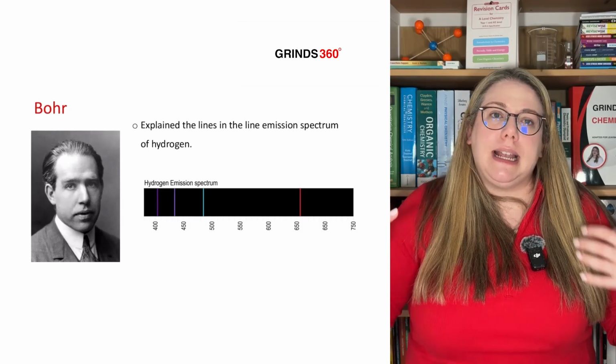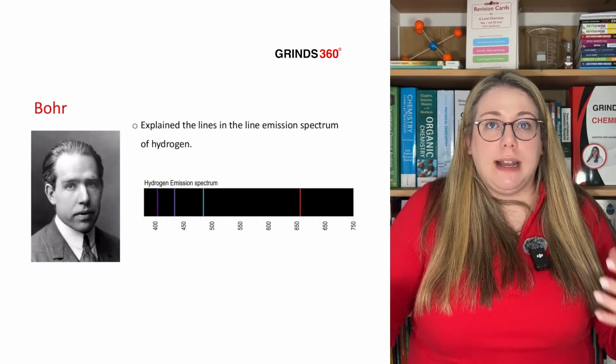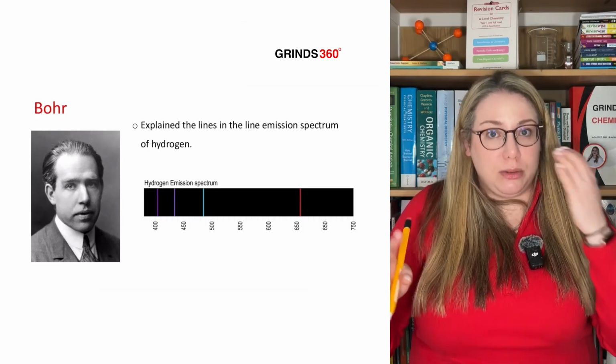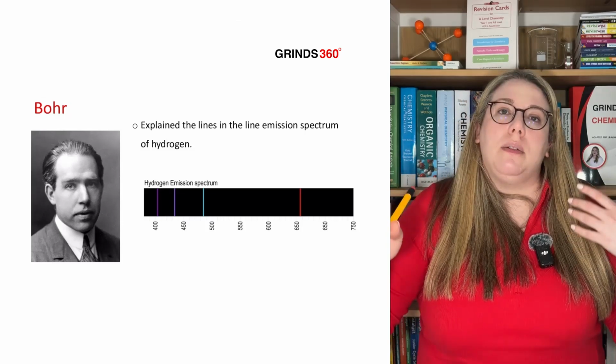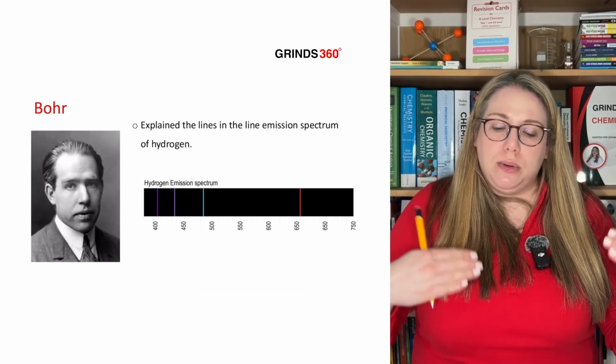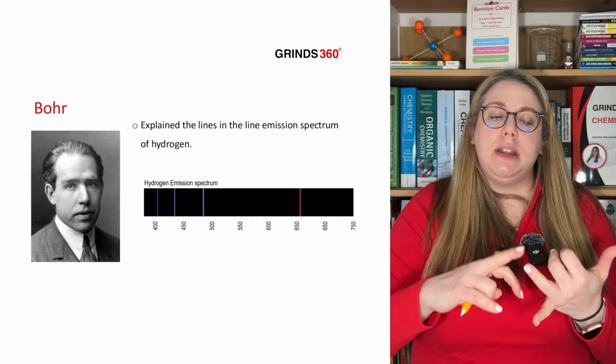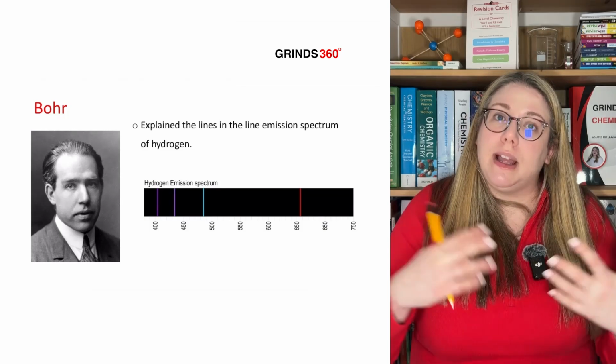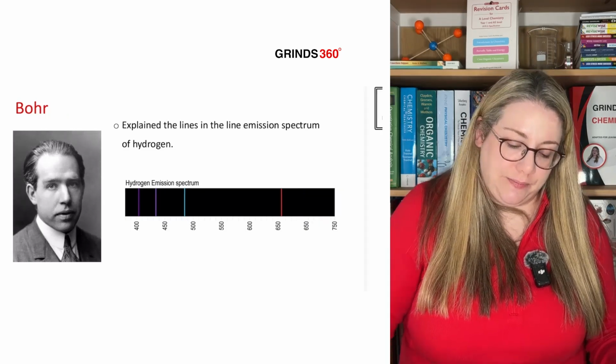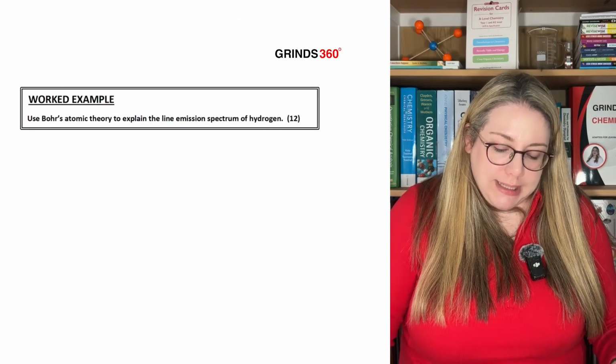Now, if that sounds a little bit like I'm speaking a foreign language, it's grand. It should be a little bit difficult. By the time we get to the final step, when we look at the Paschen, the Balmer, and the Lyman series of lines, what I just said will make sense. Right, so the worked example.